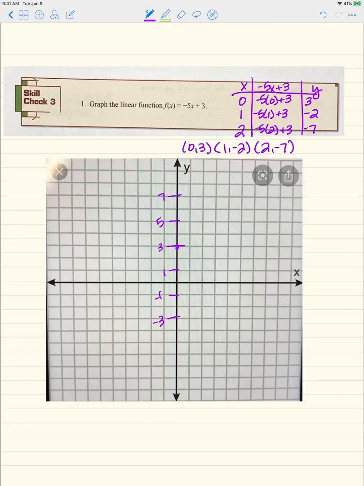Negative 1, negative 3, negative 5, negative 7, and 1, 3, 5, 7. Okay, so 0, 3 is up here. Then we have 1, negative 2. That's down here. And 2, negative 7. That's down here. I have correctly graphed my 3 points. Now I connect them with a line.